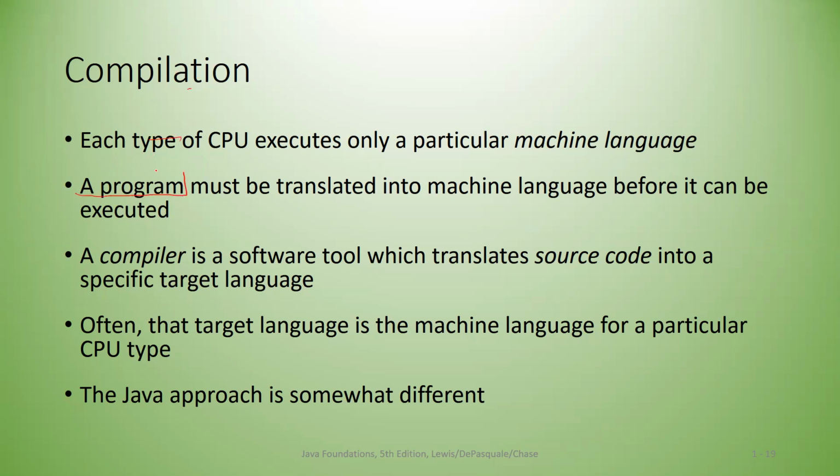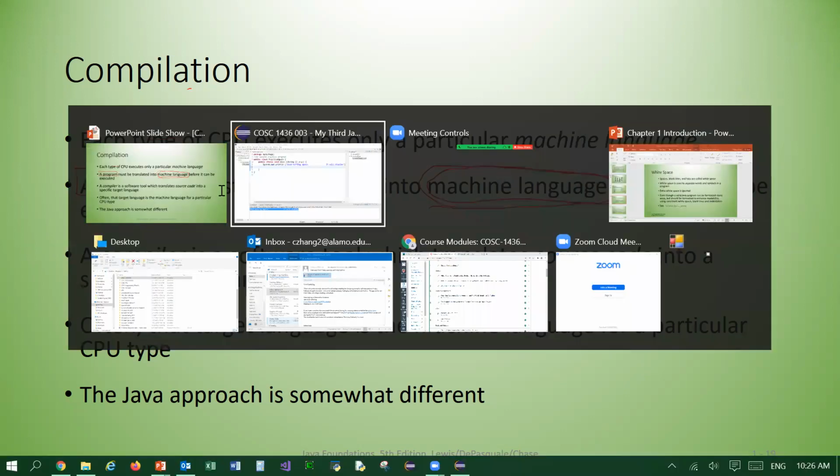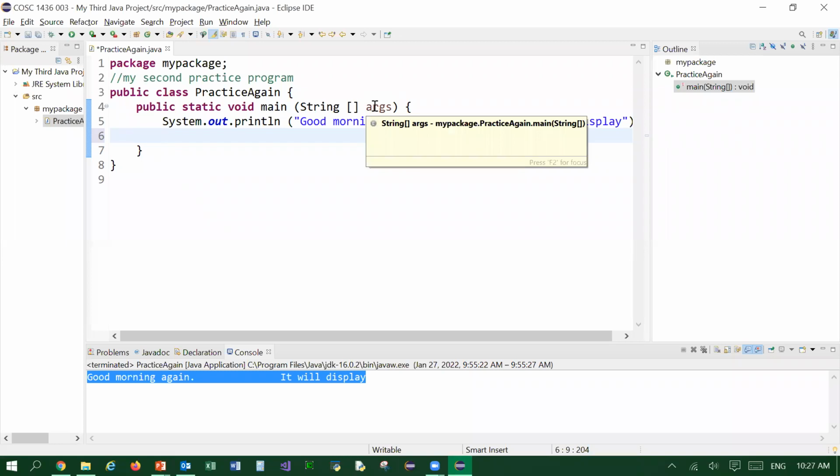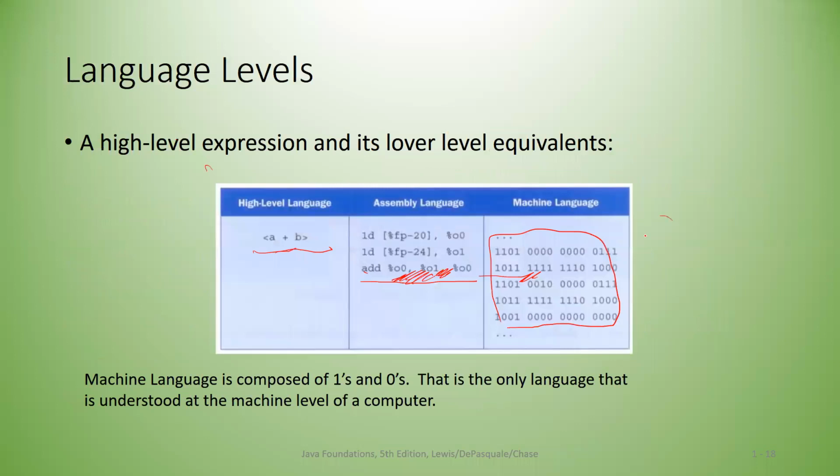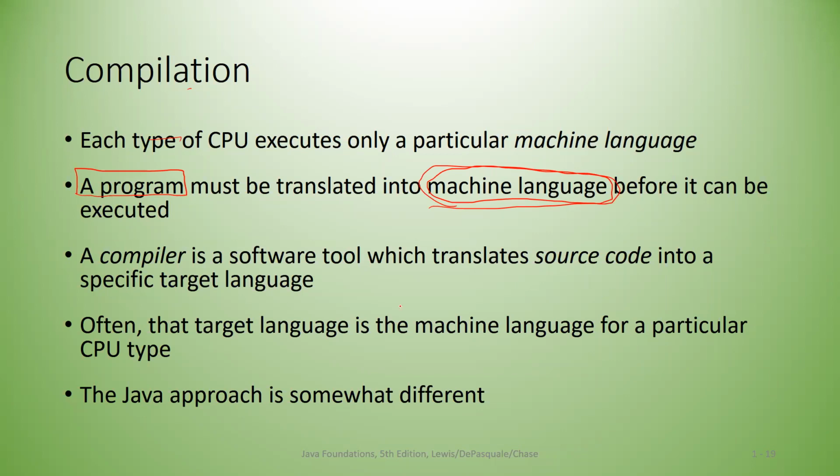Because we write a program using high-level language, and machine language is composed of what? Ones and zeros. It's zeros and ones, right? So your high-level language like this has to be translated into zeros and ones like this.